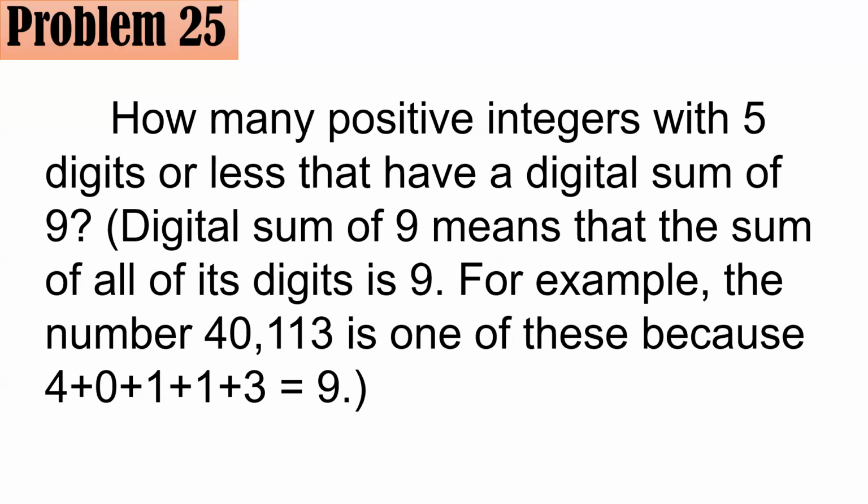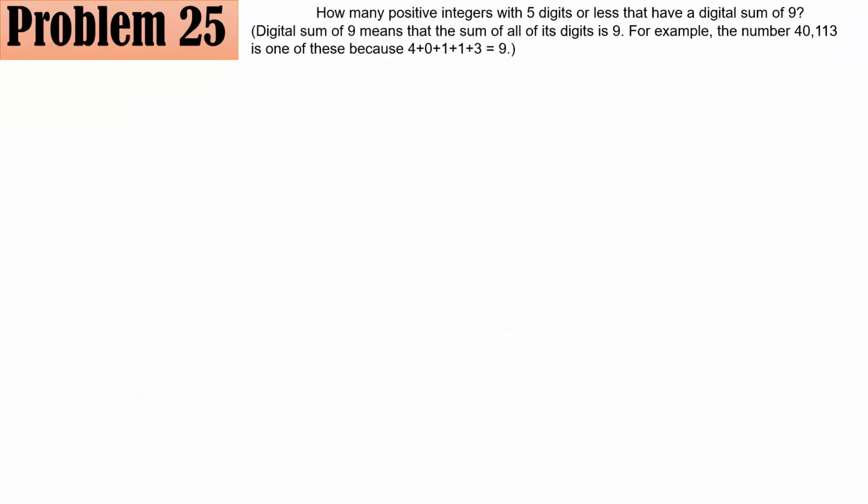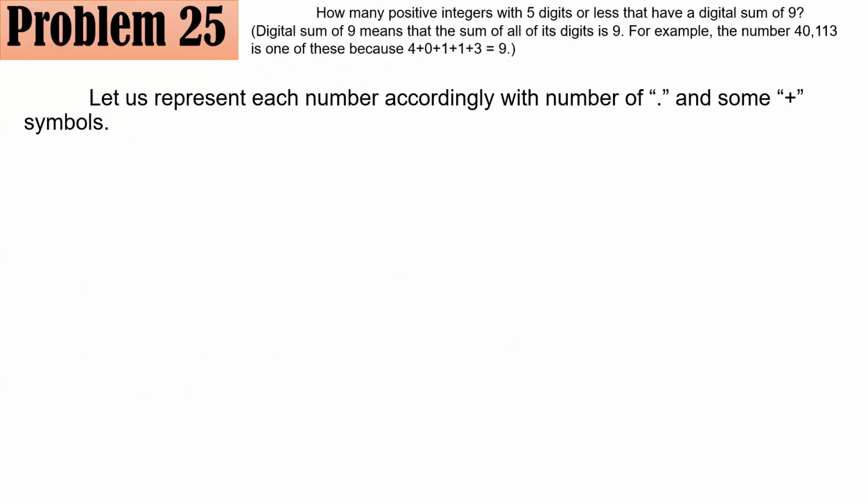Okay, let's observe some patterns because by means of observations, we could actually simplify this rather complicated problem. So for example, let us represent each number accordingly with a number of dots and plus symbols.